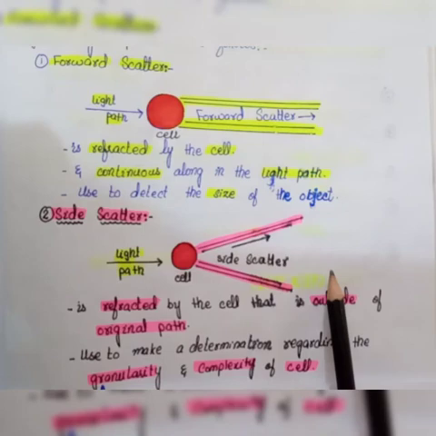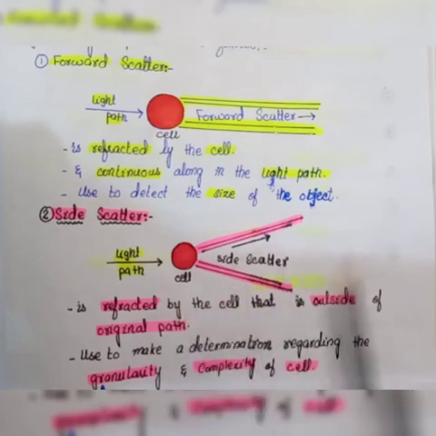But the cell will also produce some side scattered light, and it is basically used for the granularity or the complexity of the cells, meaning how many granules are present in the cells. More granules means more scattering of the light, but fewer granules means less scattering of the light.